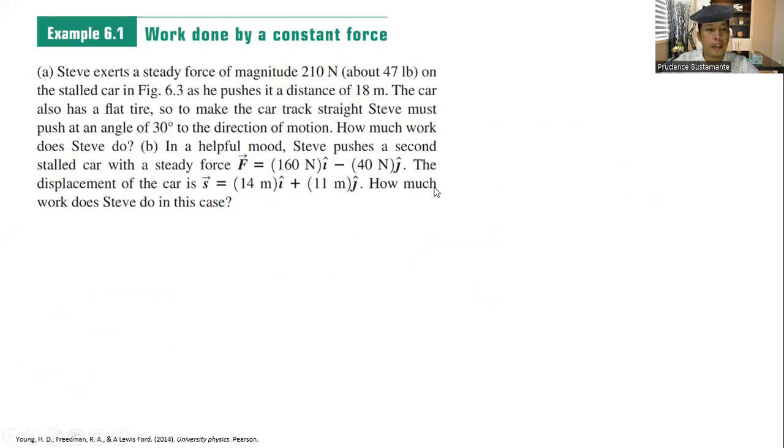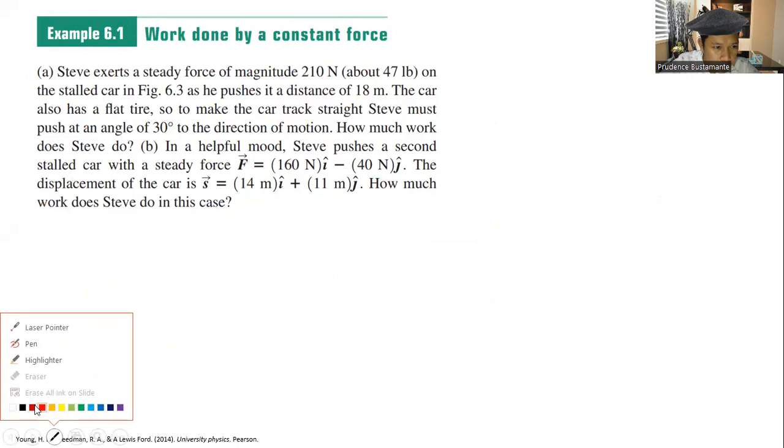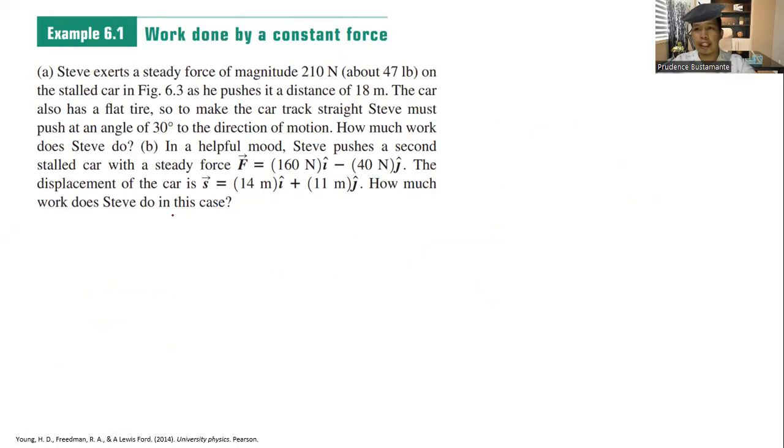Now we are going to answer number 5 and letter B. In the helpful mode, Steve pushes a second stalled car. So Steve is very helpful. He pushes the car with a steady force given in unit vector form, with an x component and a y component.